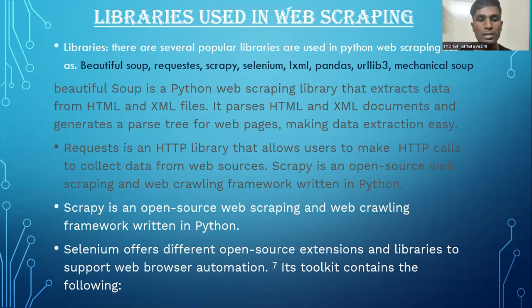Requests is an HTTP library that allows users to make HTTP calls to collect data from web sources. Selenium offers different open source extensions and libraries to support web browser automation.